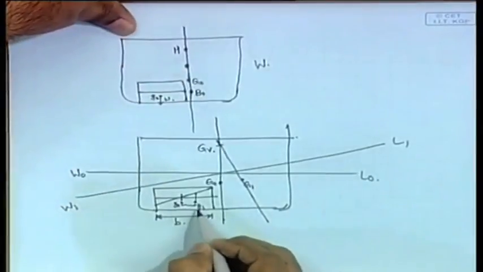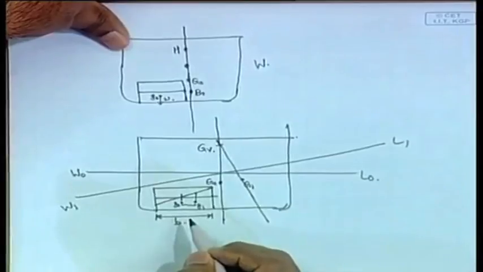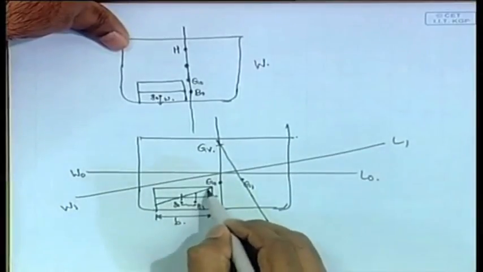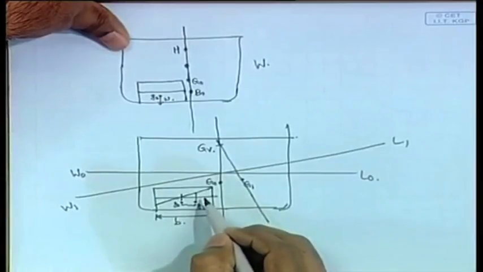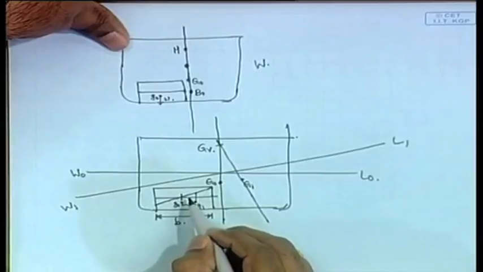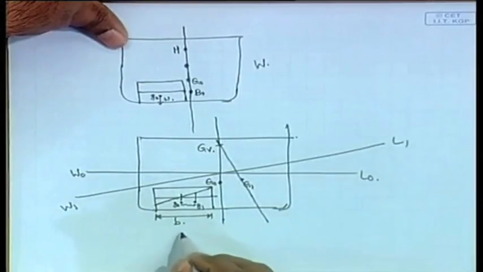And what will be g1, the distance of g1 from the center? Now, what do we have? We have the small wedge that has moved to the right side. Now, what do we have to find? We have to find the center of gravity of this triangular wedge, therefore, it is 2 by 3 b by 2. Okay.